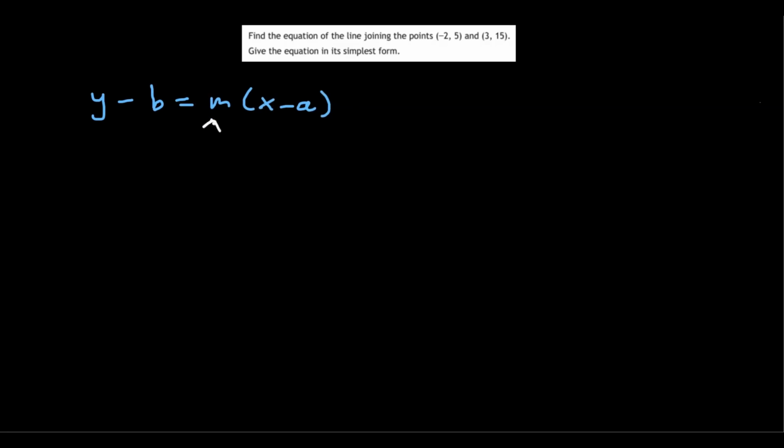So m is simply the gradient that we found using the gradient formula, and then (a, b) is just any point on the line. And the order is important. So this is the x coordinate, that's why it's being subtracted from the x variable, and this is always the y coordinate of the point.